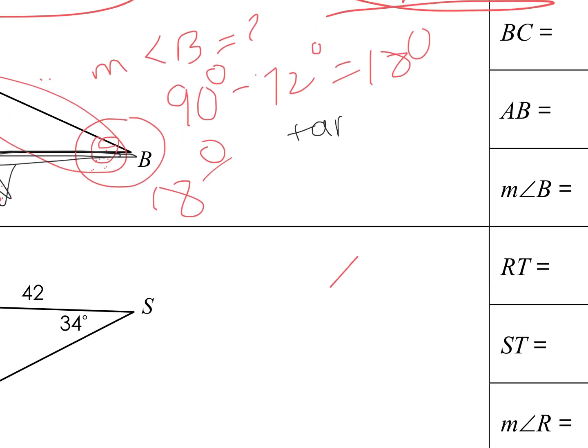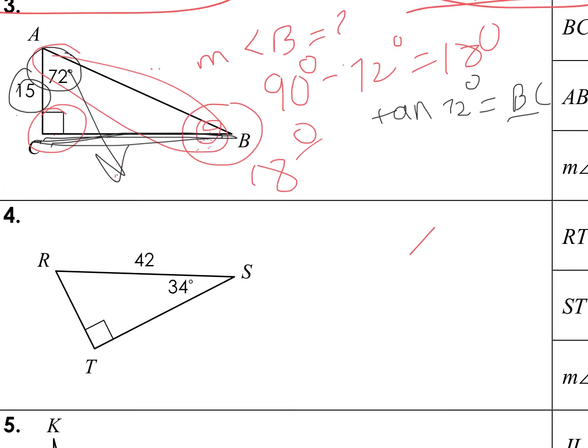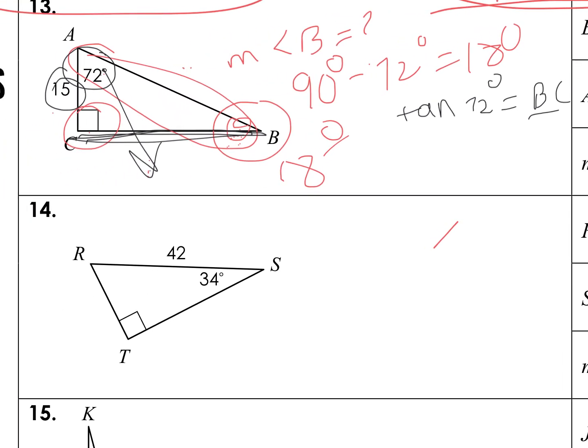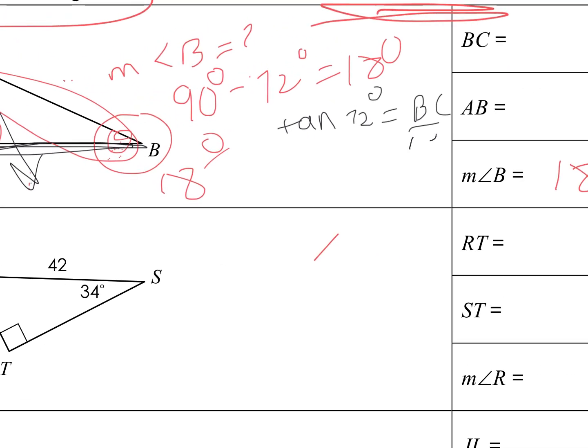Tangent of 72 degrees is the opposite side, CB, over the 15, my adjacent side. So BC will be 15 times tangent of 72 degrees.